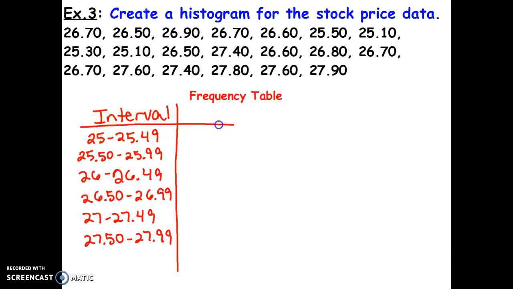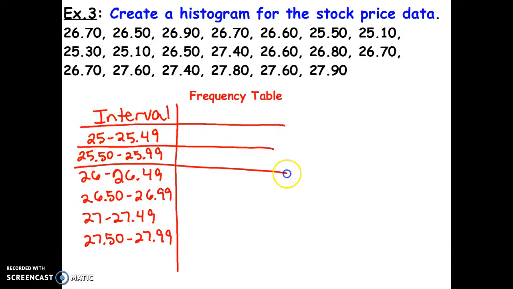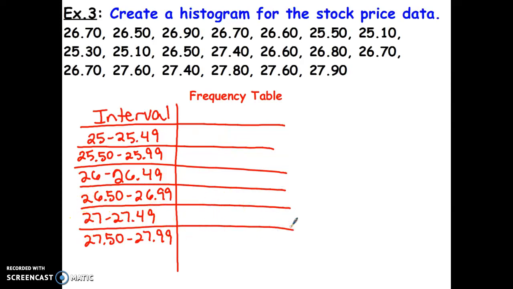Okay, so these are the intervals that we will be using. And again, those will always be provided. Don't worry about having to come up with them. Next, you will have tally, and then finally your frequency.